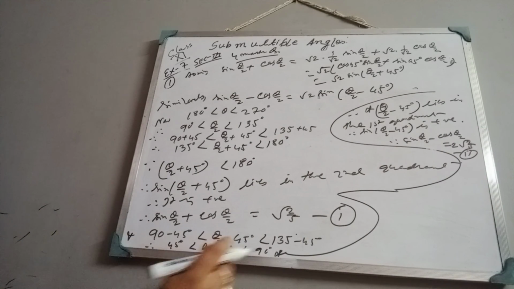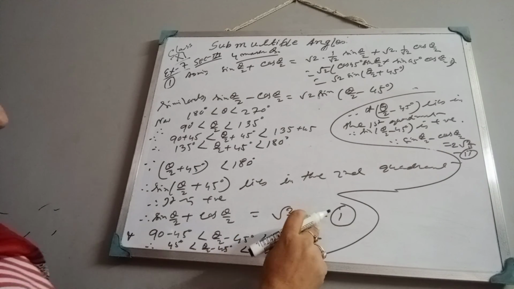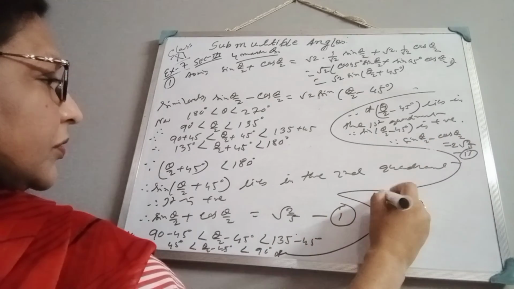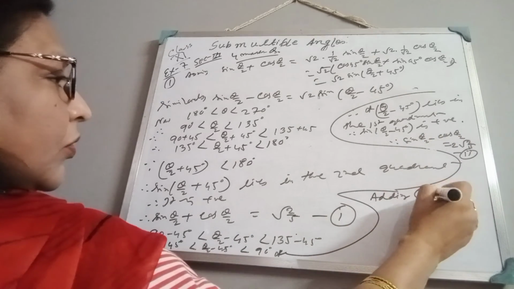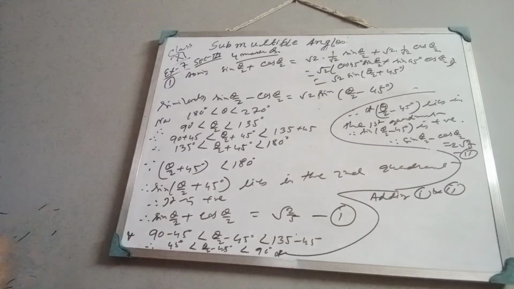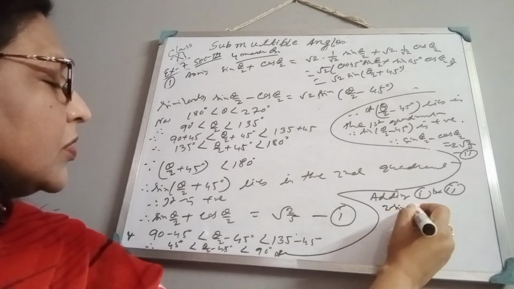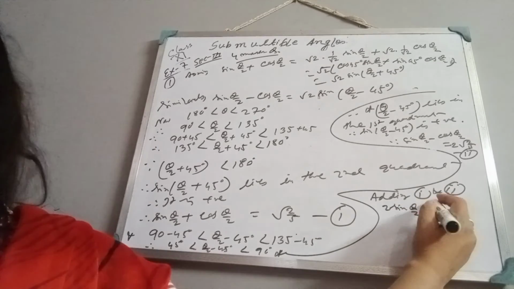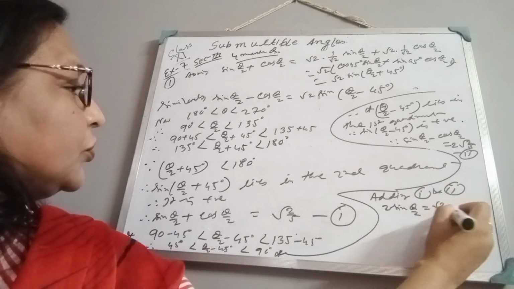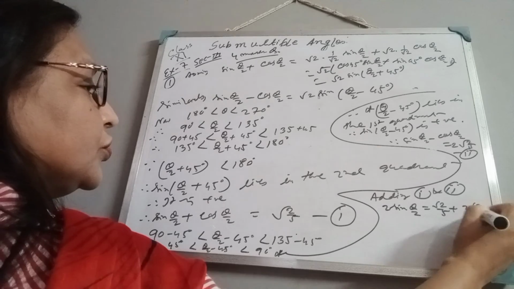Now adding 1 and 2, what will we get? 2 sin θ/2 is equal to √2/5 plus 2√2/5.